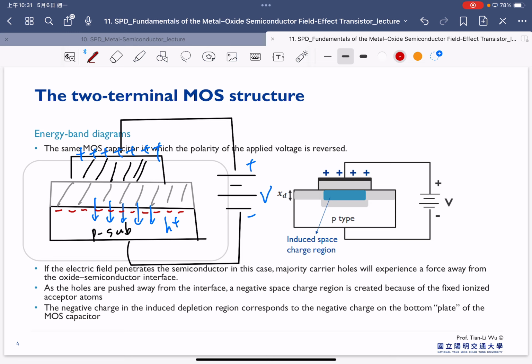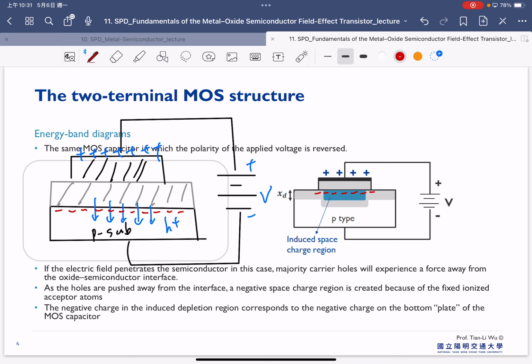That's what happens once we apply the positive bias here. This is one source you can consider.